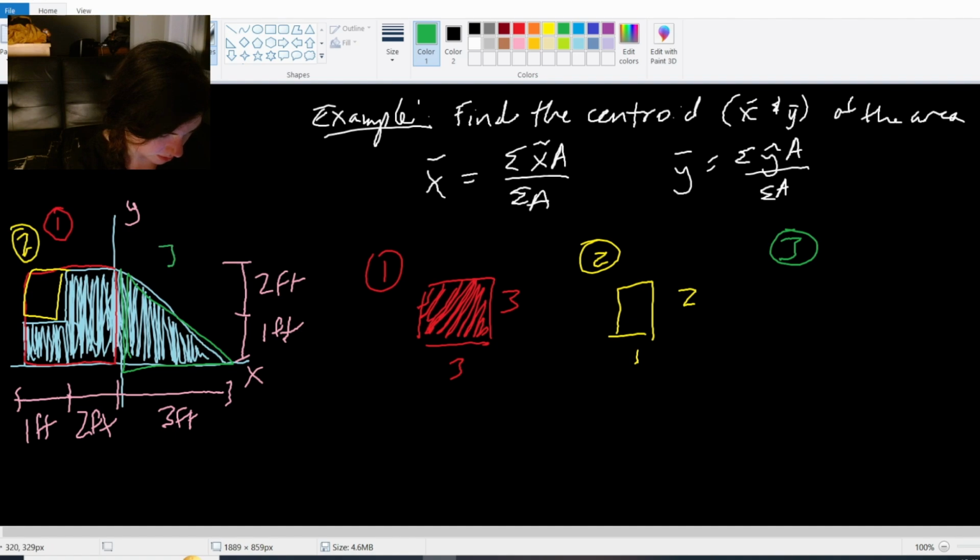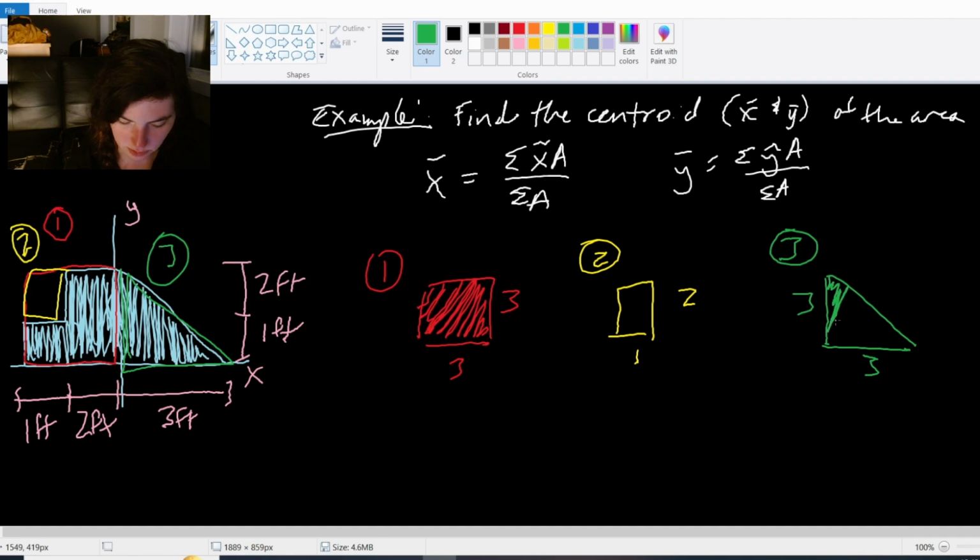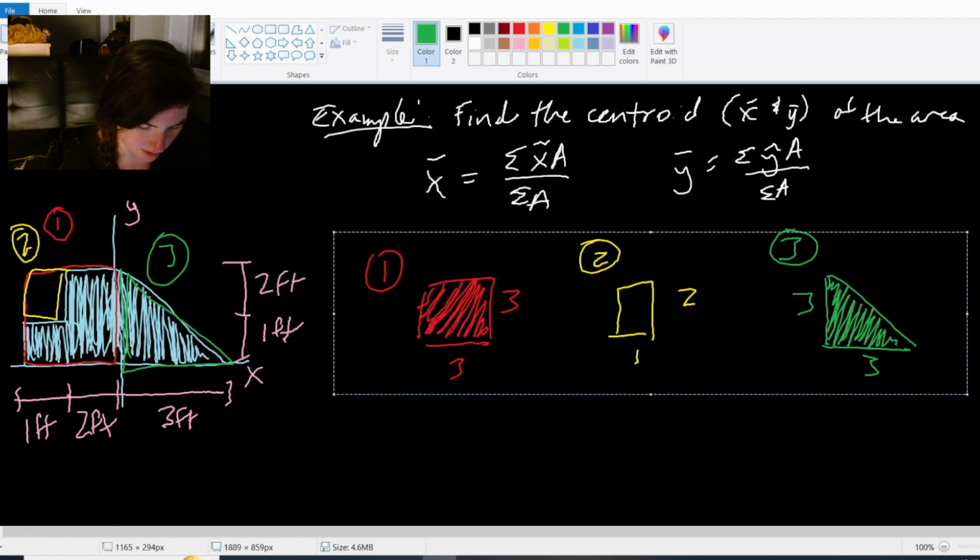Just the 3 by 3 right triangle. Excellent. So I'm going to use each one of these shapes and build them into my table, so I can analyze them for their centroid and their area and everything as I'm going along, right? Let's move these up so that I can build my table.